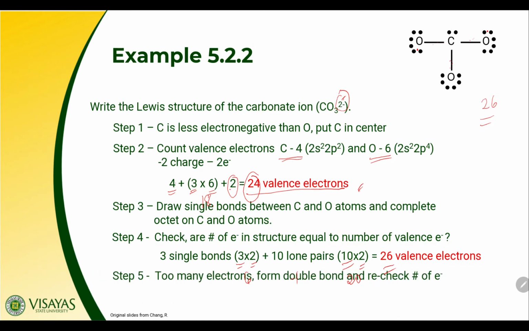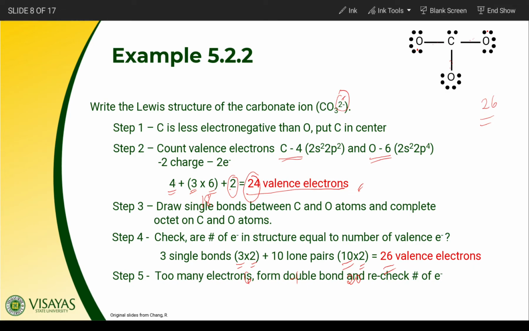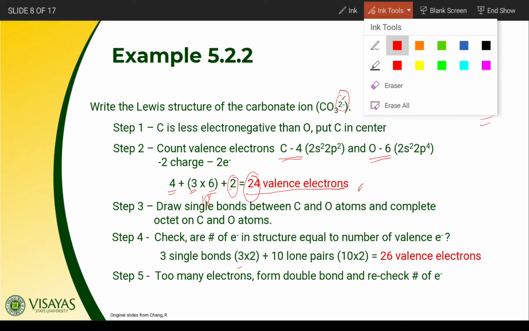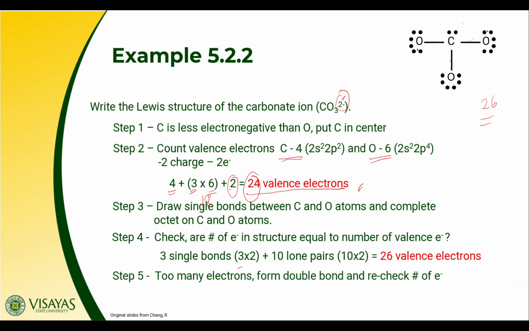So what we do here is we form a double bond. How do we form the double bond? We can form the double bond between this carbon atom and this oxygen, or this carbon and this oxygen, or the carbon and this oxygen atom.